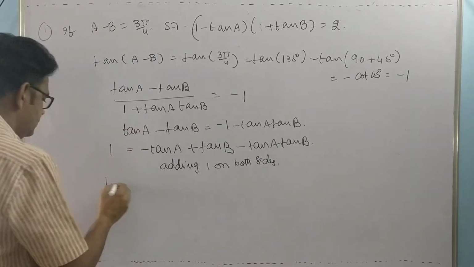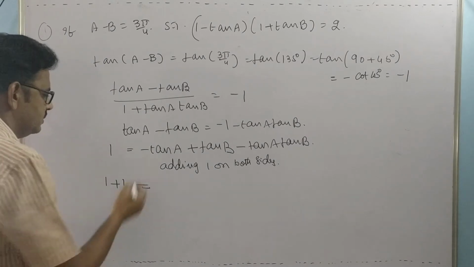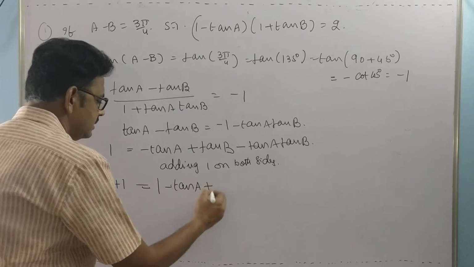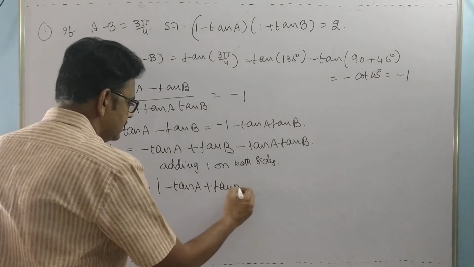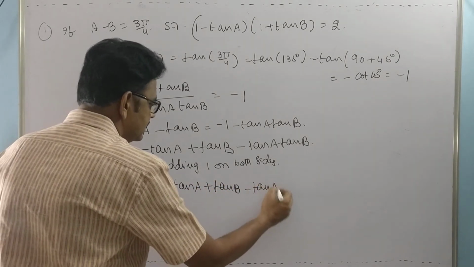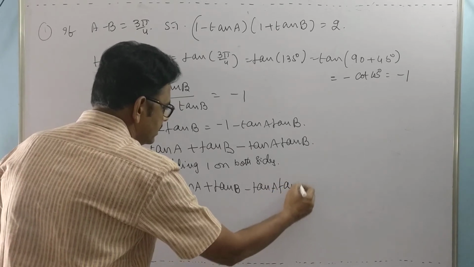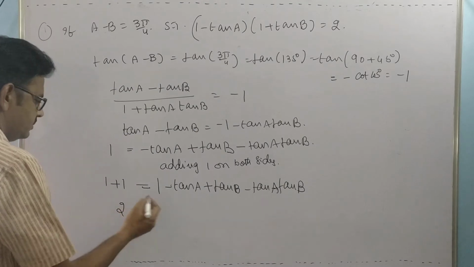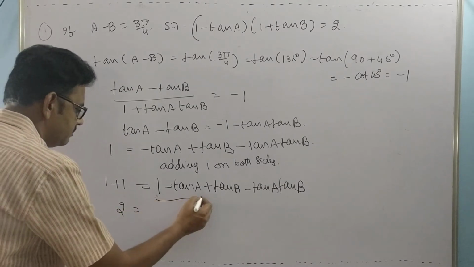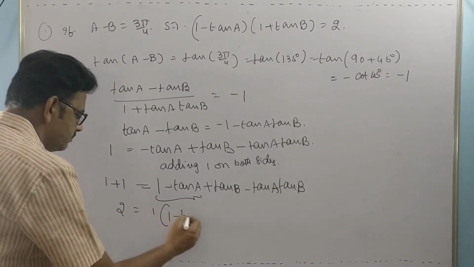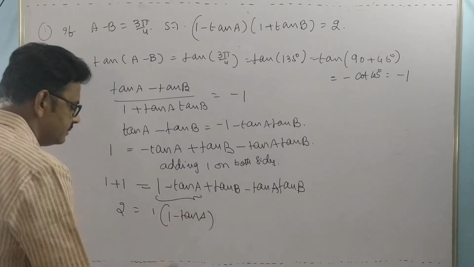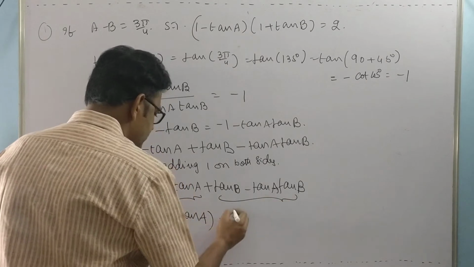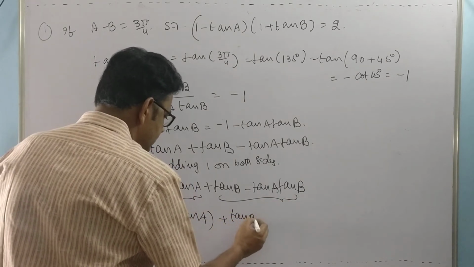So, this is 1 plus 1 is equal to, I am adding 1 here, 1 minus tan A plus tan B minus tan A into tan B. So this is 2 is equal to, you can take 1 common of these 2, 1 minus tan A, and here these 2 plus, you can take tan B common.